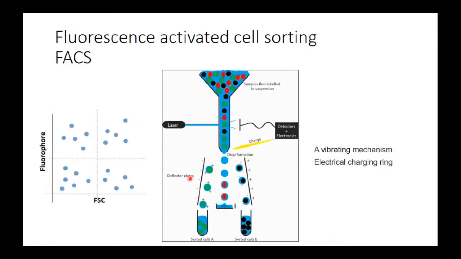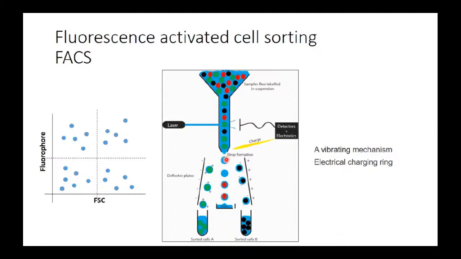I can choose, actually. For example, if I have this two-dimensional histogram, I can choose to charge the high fluorescent cells with a positive charge, and the low fluorescent cells with a negative charge, and the other cells with no charge.